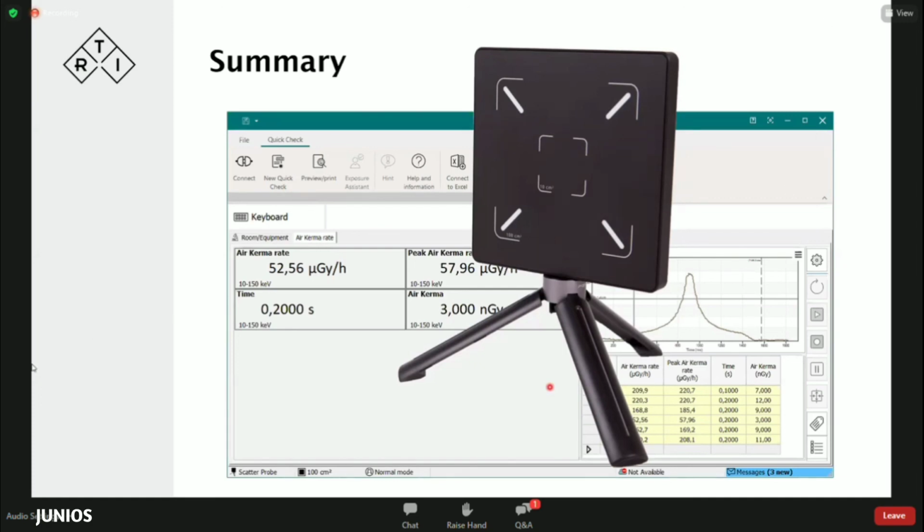The scatter probe from RTI has very high sensitivity and it can measure and detect very weak radiation. Since this is a solid state technology, there's no need to compensate for environmental conditions such as temperature or pressure, so this is really very easy to configure and set up.